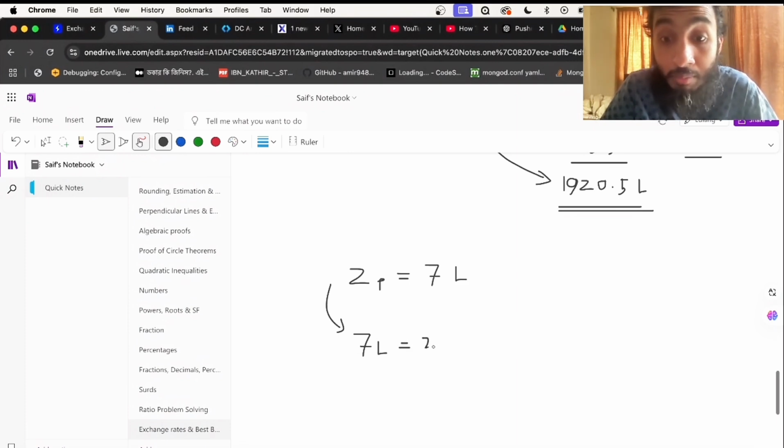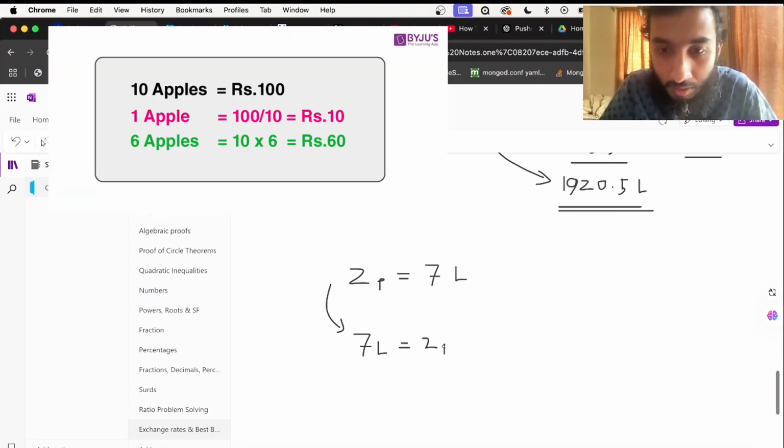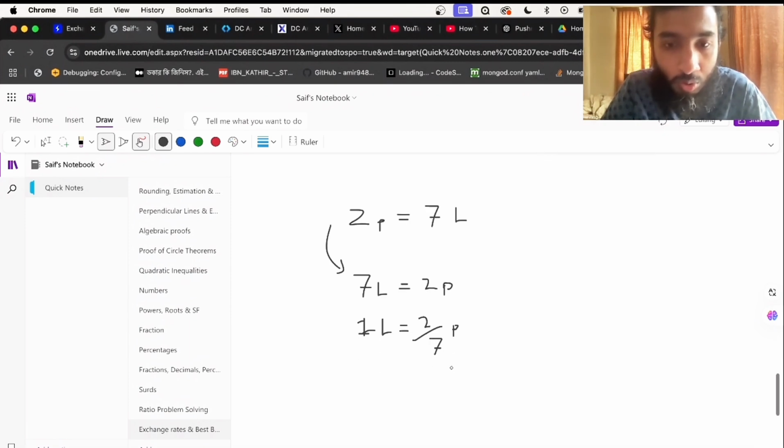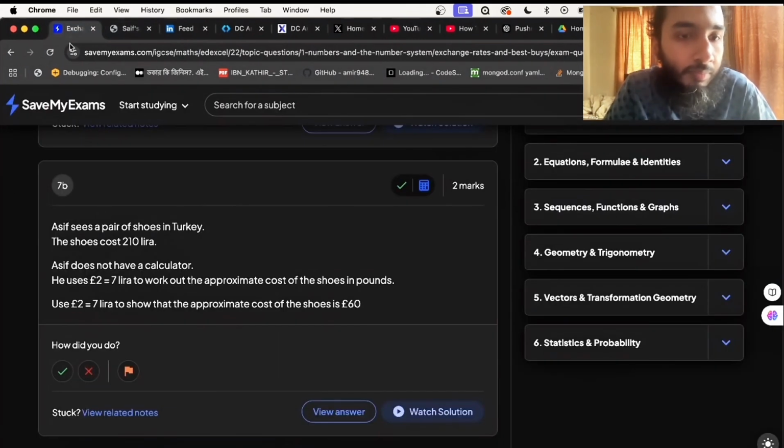If I use the unitary method, if 7 lira is 2 pounds, then 1 lira is 2 by 7 pounds.